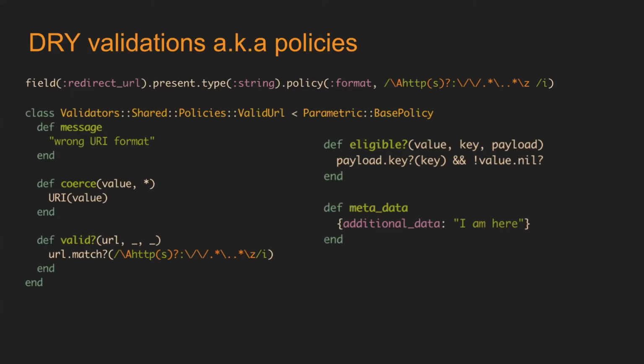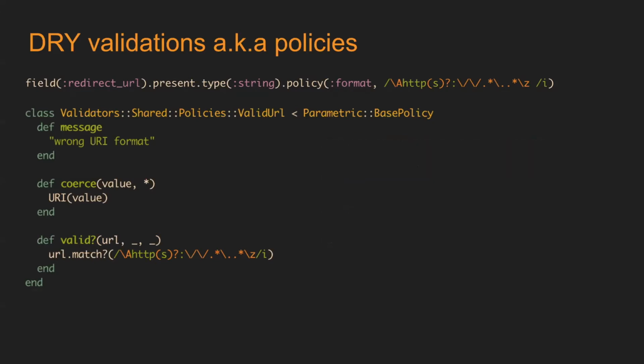The metadata method allows you to pass custom metadata and reach it later. Here, I override the methods valid, coerce, and message, and now I can use my valid URL policy in order to validate whether a string is a valid URL and transform it into a URI object.